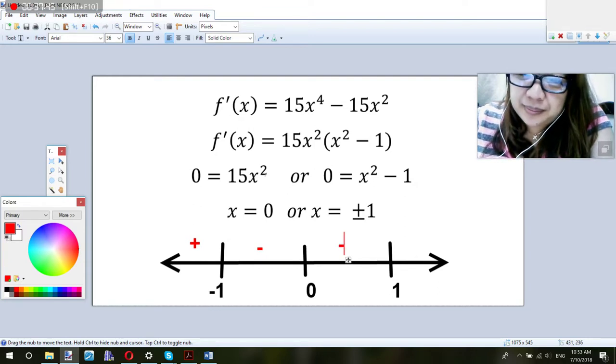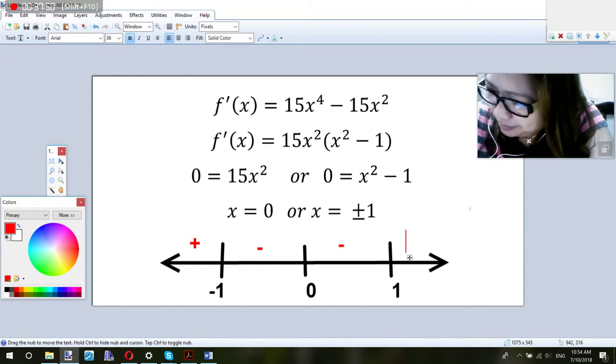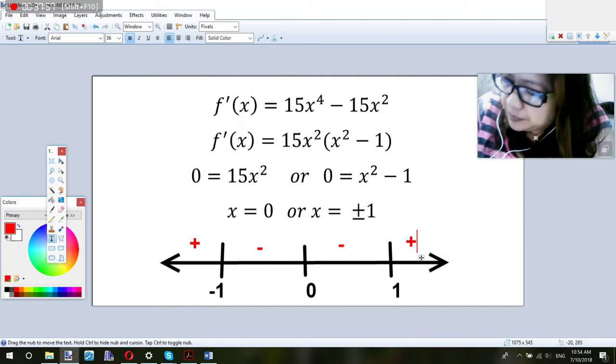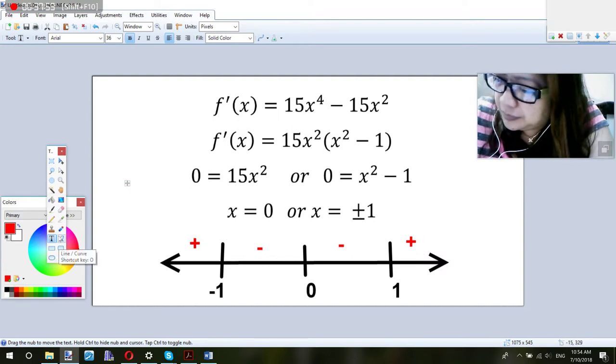Negative, okay. And if I plug in 2? Positive.